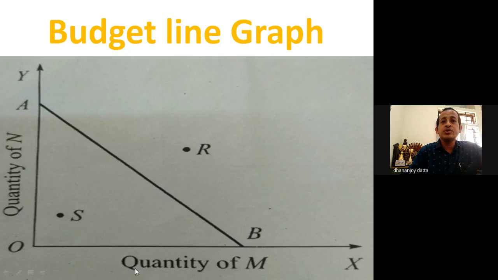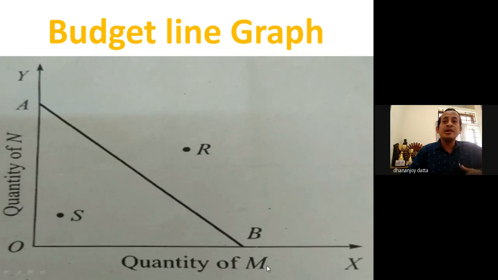So here we can see that the consumer is willing to purchase this much quantity of M product, A quantity of N product, and B quantity of the M product.